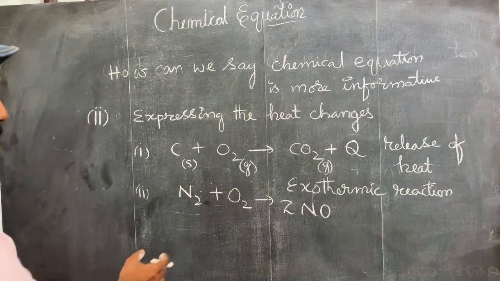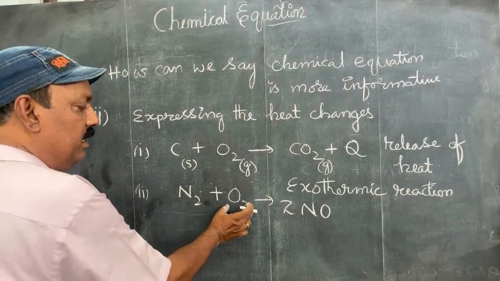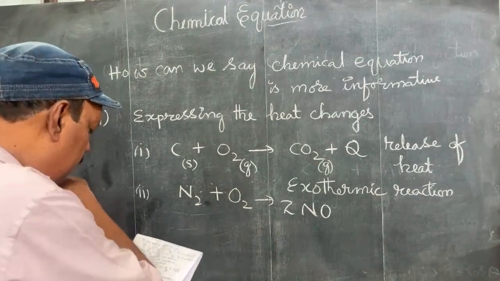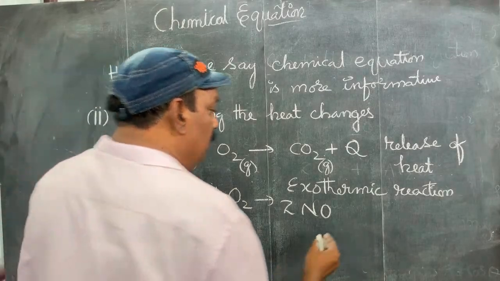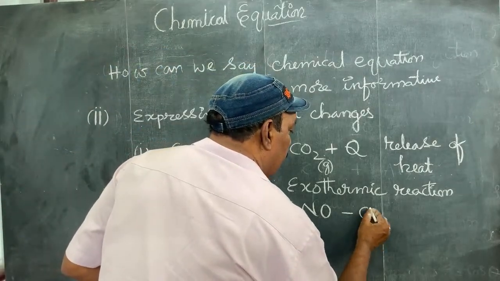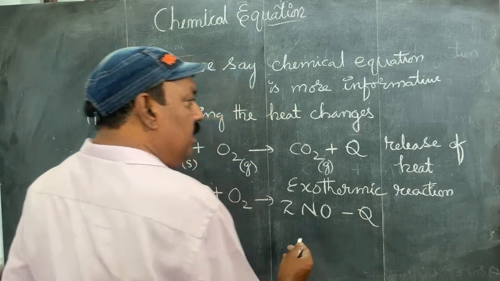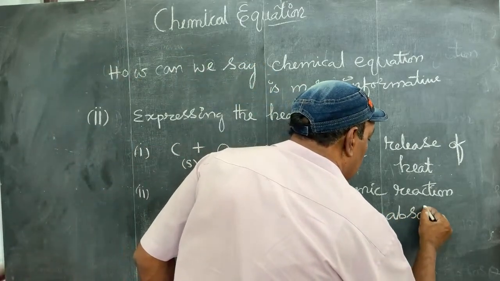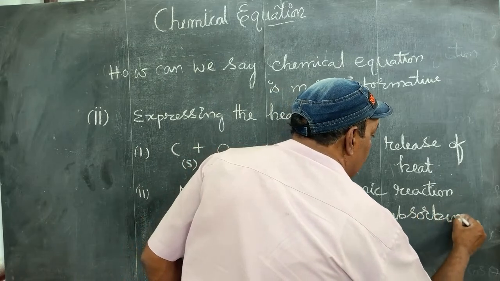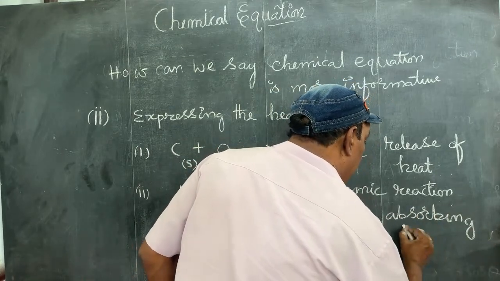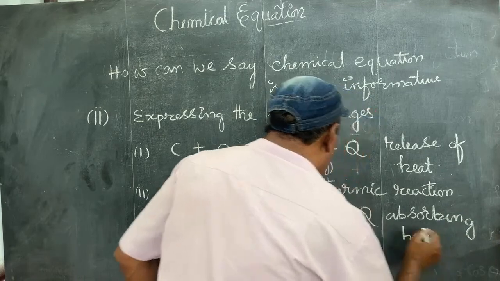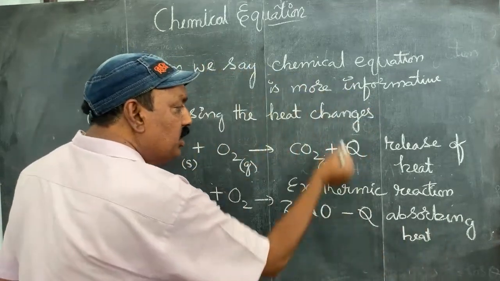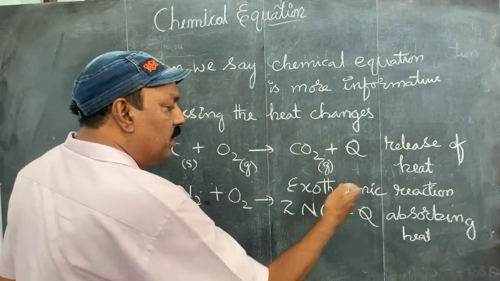In this equation, nitrogen is burning in the presence of oxygen and you get nitrogen oxide, and here I will keep minus Q. Minus Q means absorbing the heat. So in the equation, minus Q represents absorbing the heat.